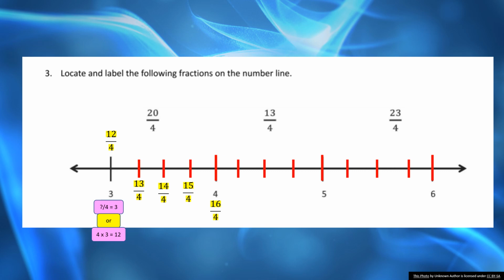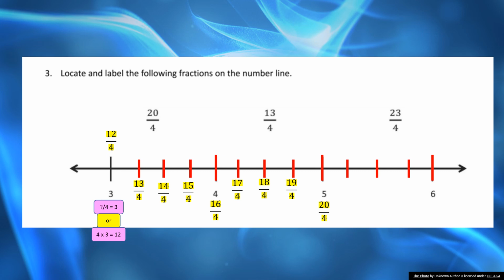Now, after you write 16 fourths below the number 4, we need to keep counting because we've not reached the end of our number line. So after 16 is 17 fourths, 18 fourths, 19 fourths, 20 fourths. Now make sure 20 fourths is under the number 5, because 20 fourths is equivalent or equal to the number 5. I know that because 20 divided by 4 is 5. Now, I've not reached the end of my number line, so I need to keep counting.